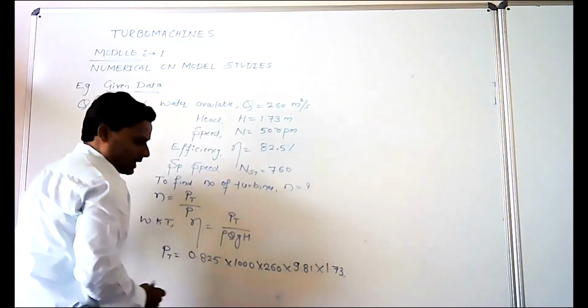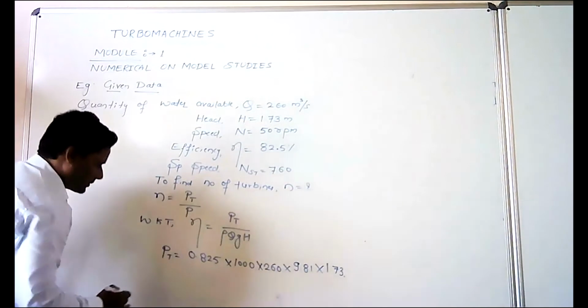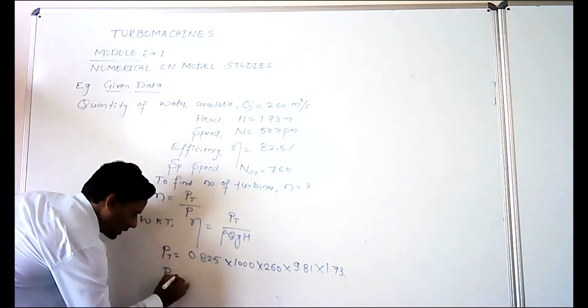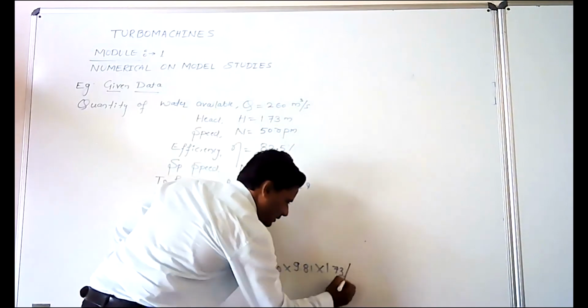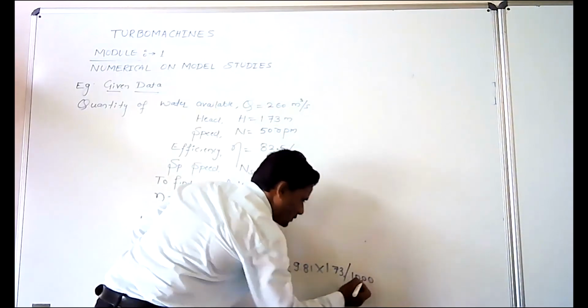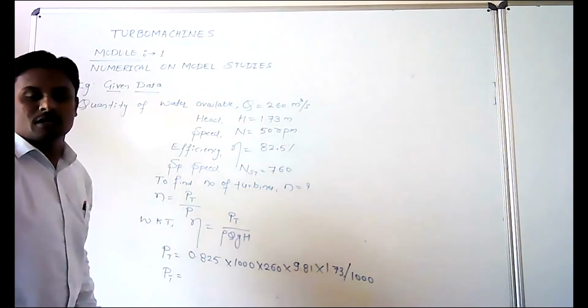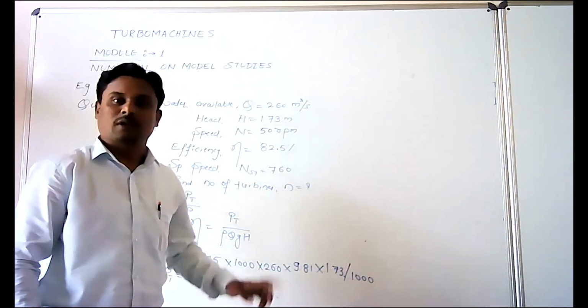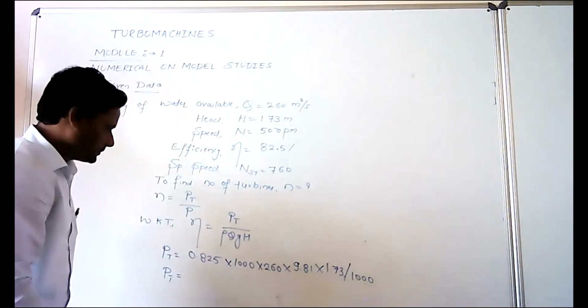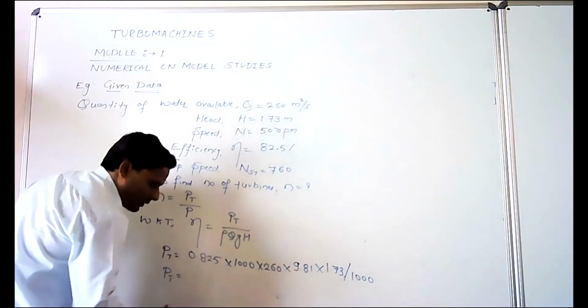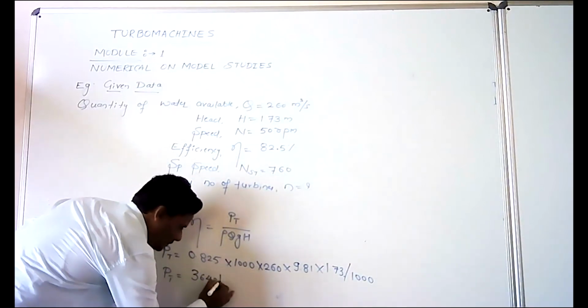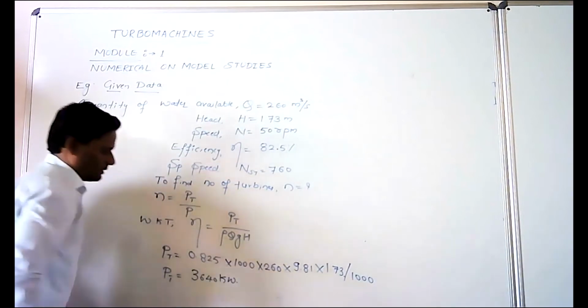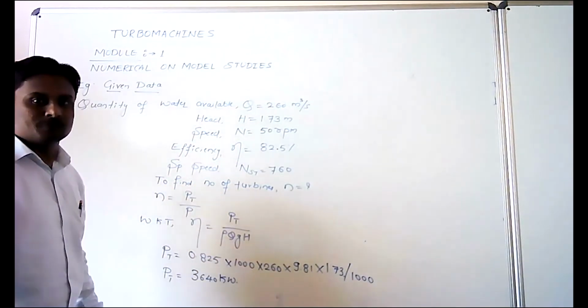If we divide by 1000, we get the power in kilowatts. The value of total power is 3640 kilowatts.